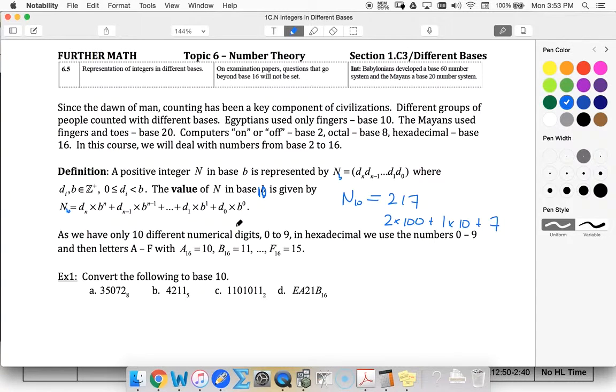All right, so the next thing we want to think about is hexadecimal. So hexadecimal is base 16, but of course we only have the numbers 0 to 9.